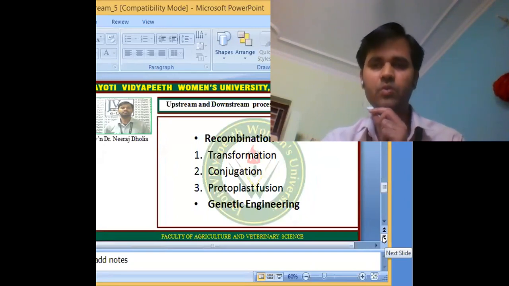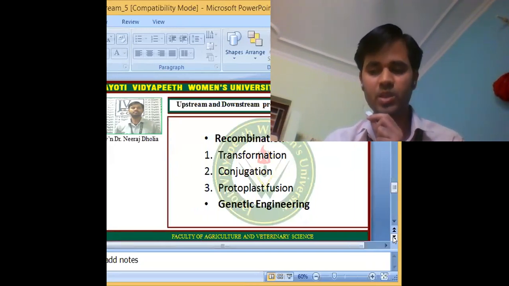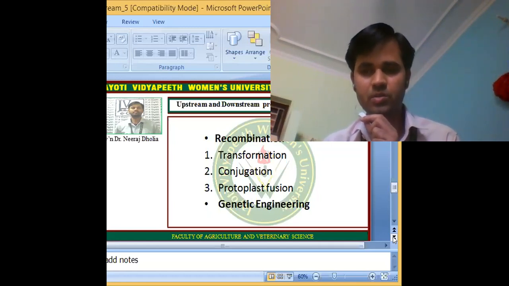In transformation, the foreign gene is introduced into the bacteria, and this foreign gene becomes part of the bacteria, and the product is produced when the bacteria multiply. Okay, so this is the transformation.